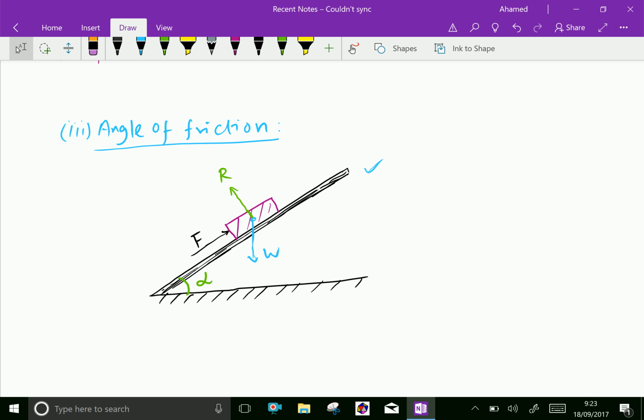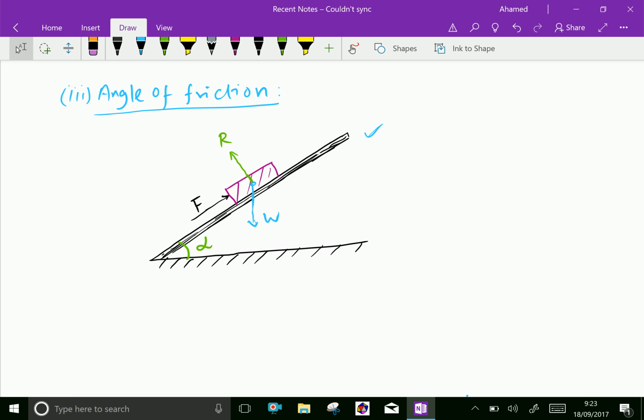Now suppose you want to push the body over the inclined surface upward; we need some force. That force is necessary to move the body upward. The angle between the ground and the inclined surface is called alpha.